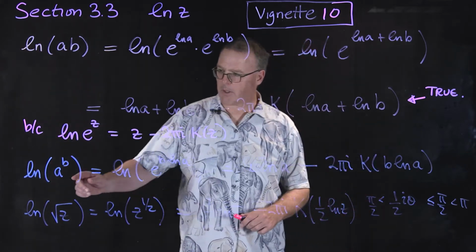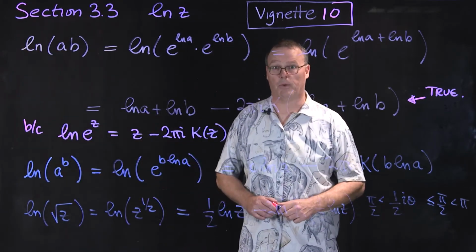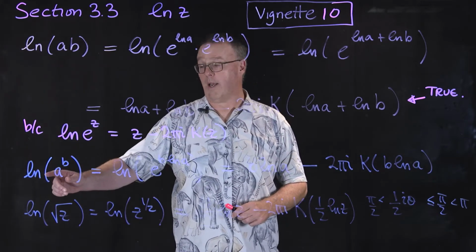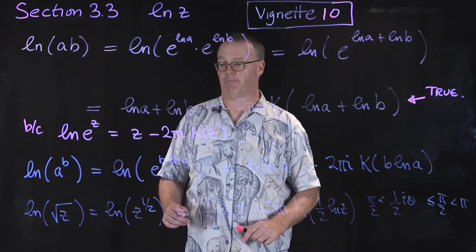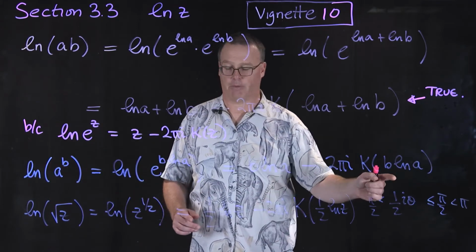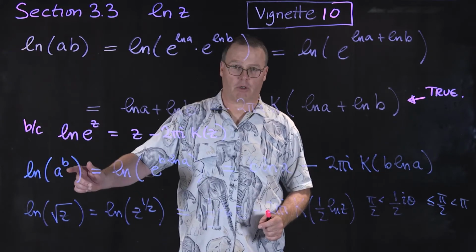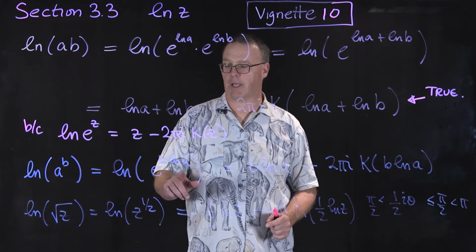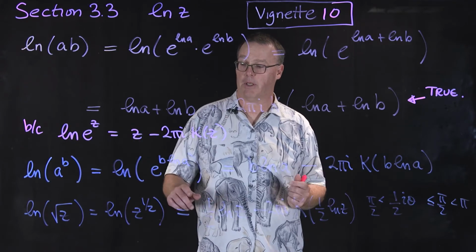So let's have a look at another rule from the real value of the logarithm. We want log of a to the power b to be b times the log of a. Not true. The definition of a to the power b for complex powers b is exactly this, e to the b times log a, where the log is as defined before, so it has this property.